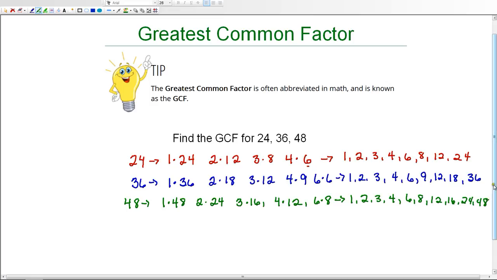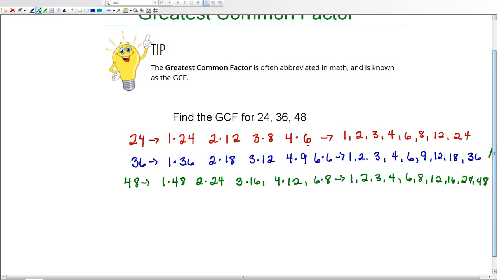Okay, so this step was just simply listing all the factors for each of the 3 numbers. That's our first step. Our second step is to then figure out which of the factors are common factors. Common factors means that they're the same. Since I have 3 numbers that I'm finding the greatest common factor for, I need to make sure that all 3 numbers have the same common factors.